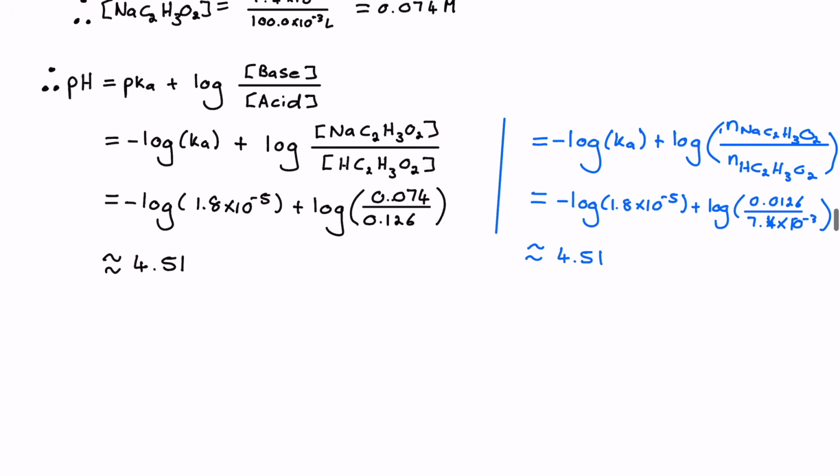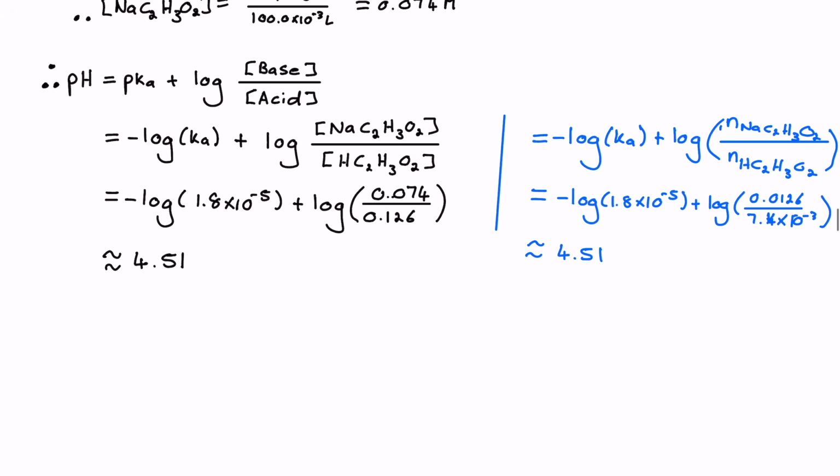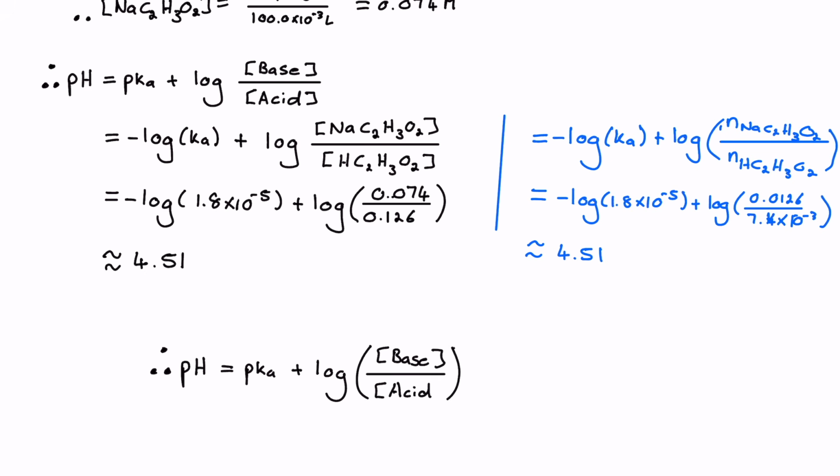So if we think about the Henderson-Hasselbalch equation a little bit. It's pH equals pKa plus log of the concentration of the base divided by the concentration of the acid, right? But what are these concentrations in?